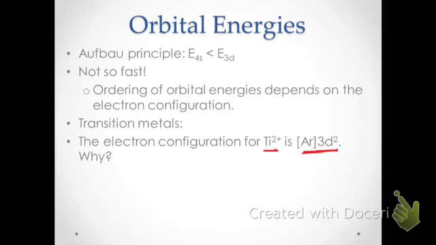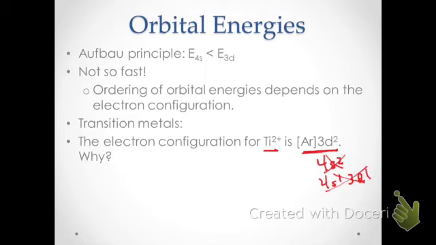That's a little bit simplistic as well. The reality is, what we're saying is that for titanium 2+, the 3d2 electron configuration is lower in energy than the 4s2 electron configuration, or lower in energy than a 4s1 3d1 electron configuration.